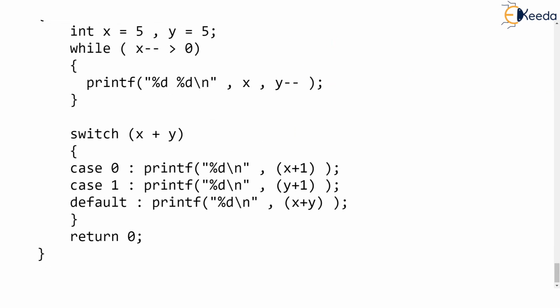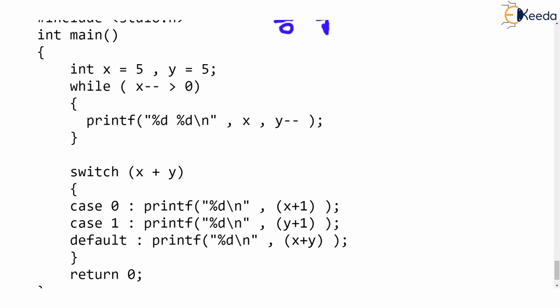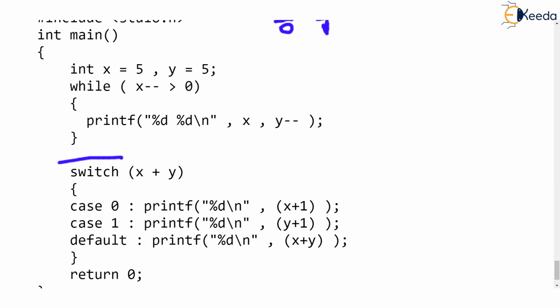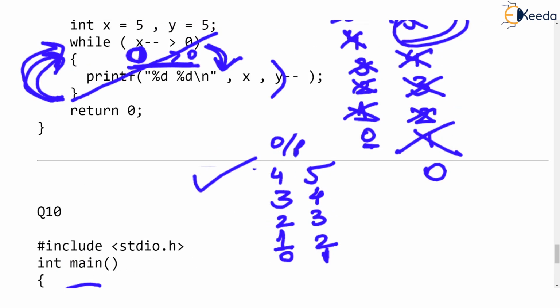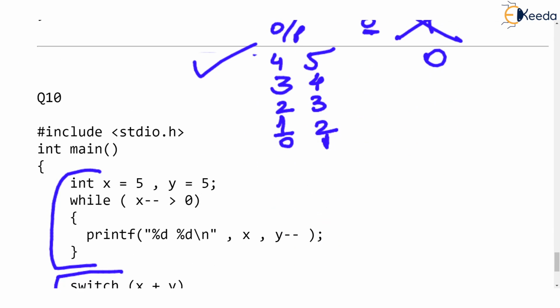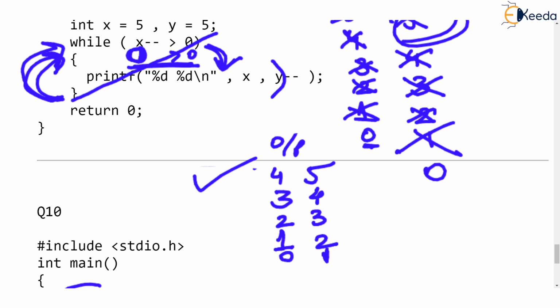Similarly, there is one more question where there is a while followed by a switch. Now this while is written exactly the same as the while written above, isn't it? So we know the final values of x and y, we are not talking about output now.